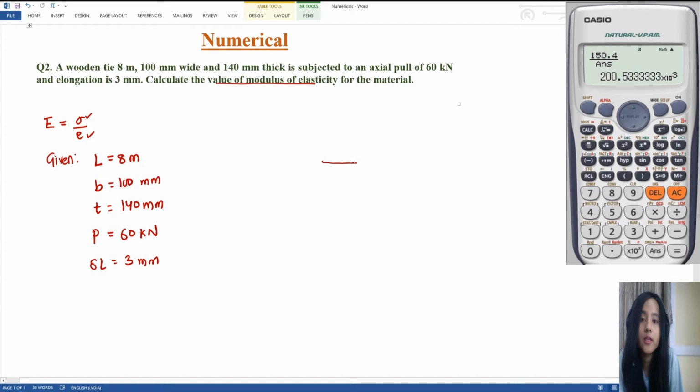Okay, now wooden tie. It says a wooden tie. I'm just drawing a rough one.